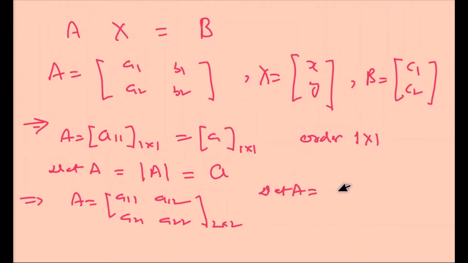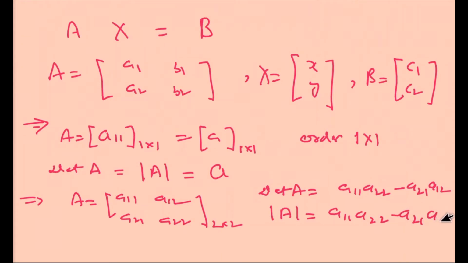of A is A11 A22 minus A21 A12 equal to, this is the determinant of order 2, or you can write determinant A, right? A11 A22 minus A21 A12.